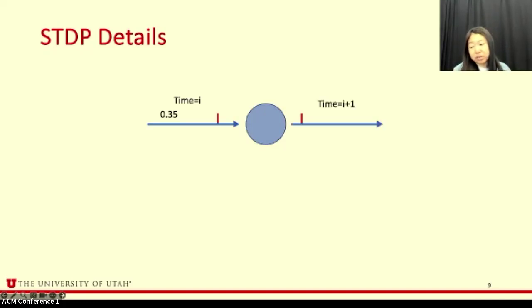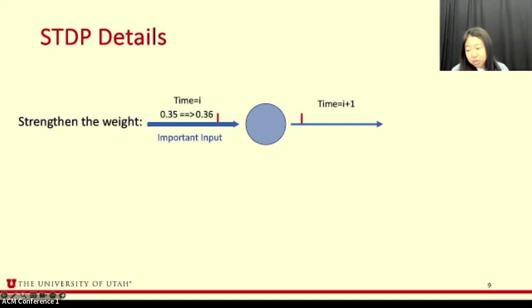If a spike from the input neuron triggers the output neuron to generate an output spike, STDP will strengthen the weight between the input neuron and the output neuron, which means the input spike is an important spike for the output spike.